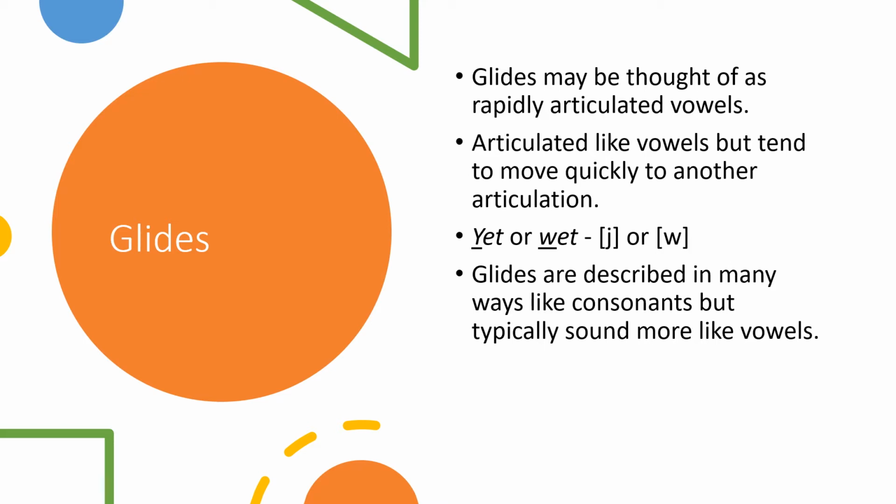It almost sounds like an E. It's almost an E, right? Yet. But still it quickly moves into the next sound. And wet, almost sounds like an O sound, right? Wet, as it rolls into the other. So glides are described in many ways like consonants, but they typically sound more like vowels, right? So we think of them as rapidly articulated vowels that act like consonants.